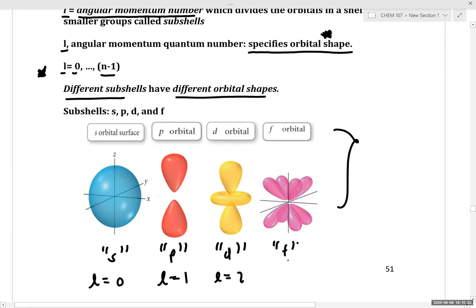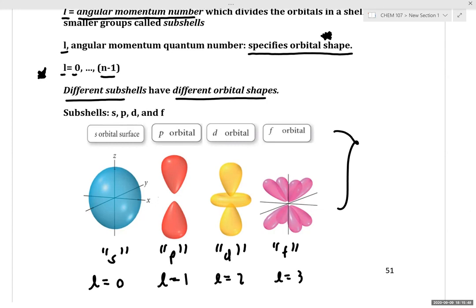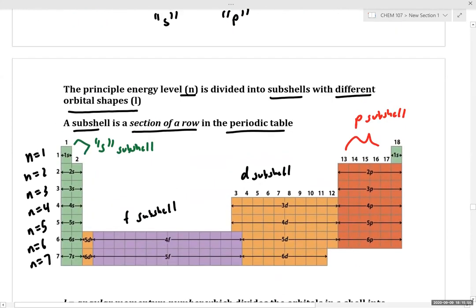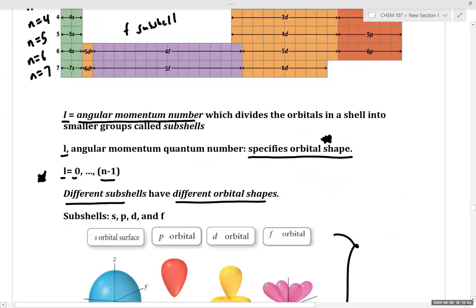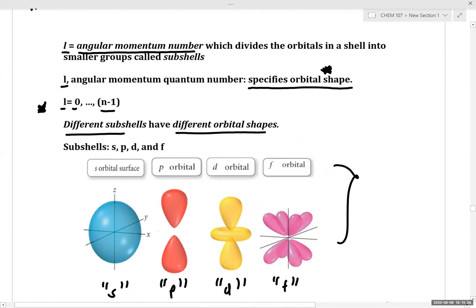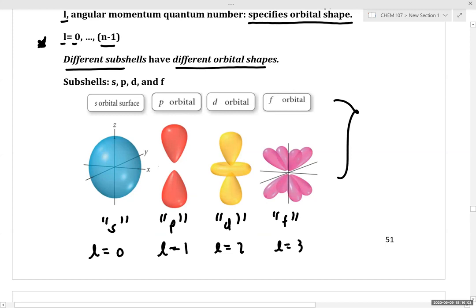And our f subshells, which correspond to l equals 3, have relatively complex shapes, and we don't commonly see the f subshell in this class. So subshells are regions of each row in the periodic table. Each subshell has a unique quantum number called the angular momentum quantum number, which describes our orbital shape.